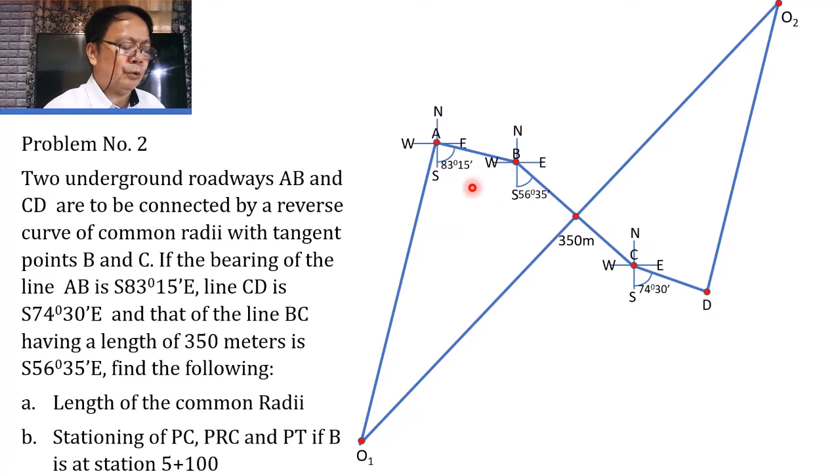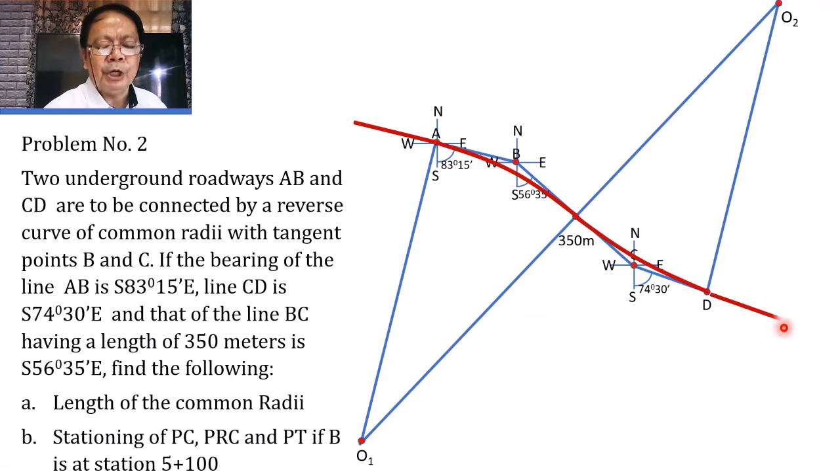We expect therefore that our curve will run from the back tangent towards A, and from A it will start to curve, running towards this point known as the PRC. Then from here, it will run in this direction towards the curvature in the opposite direction. Then from D, it will run along a straight tangent. So you have here the direction of the reverse curvature.